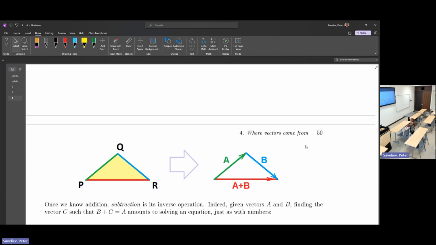But this is what we do now, and that's a big deal. Now we look at pretty much the same picture, but instead of three points P, Q, and R, we're thinking about vectors: vector A from P to Q, and the other vector B from P to R, added together give you the third side, which we call A plus B.